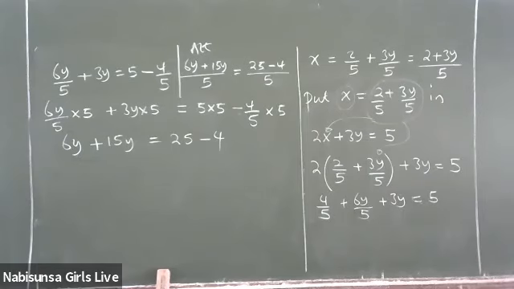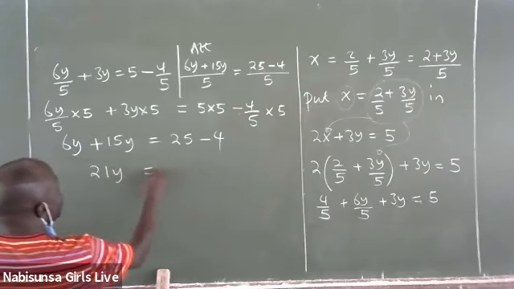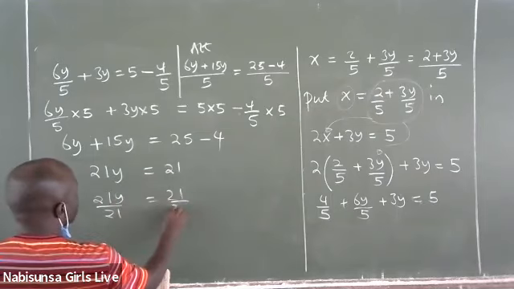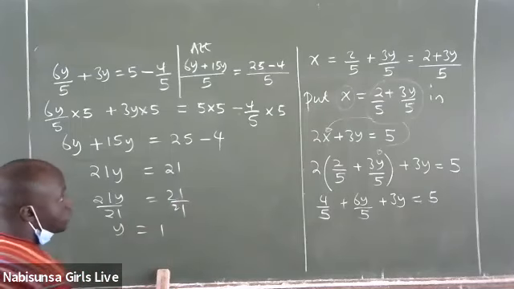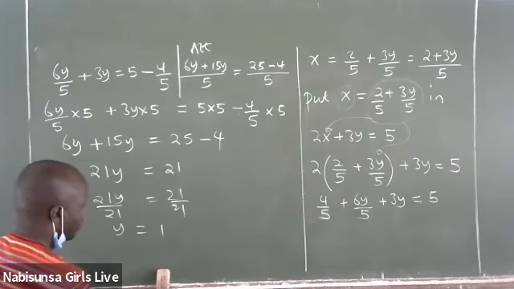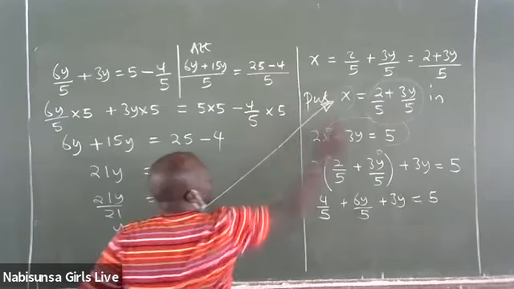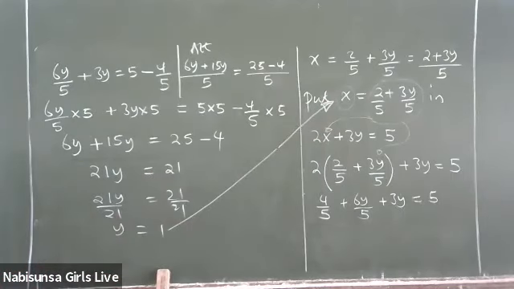Okay, so girls, we are here. We have 21y is 21. We divided it by 21. We got our y as 1. So what you do next is you just substitute this value of y in the x. Remember, you had already made your x the subject. So you will have x as 2 over 5 plus 3 over 5 times 1, since your y is already 1.